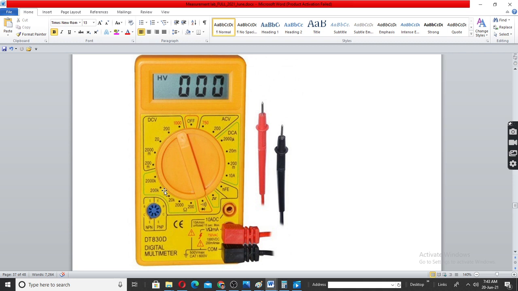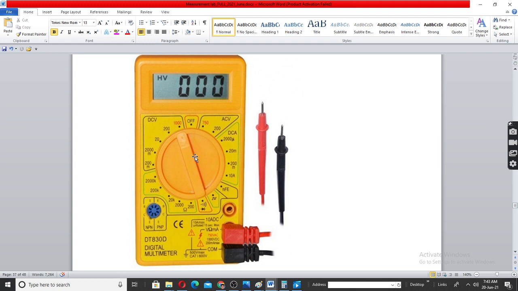So you have to increase the range to 2000K to measure. Even then, if it displays 1 here, the resistance is even more than 2000K, hence not measurable using this meter.